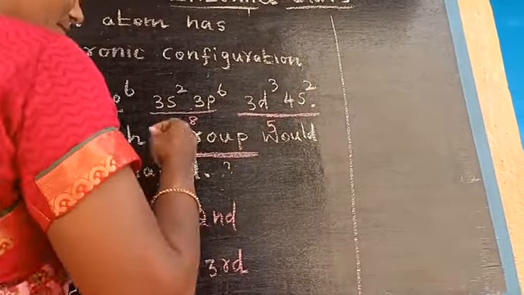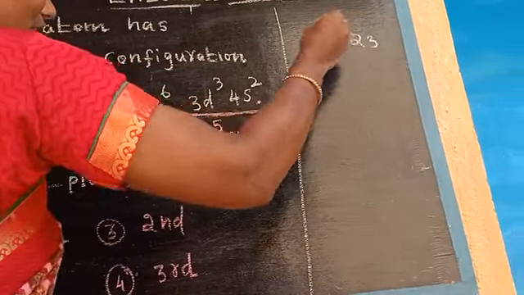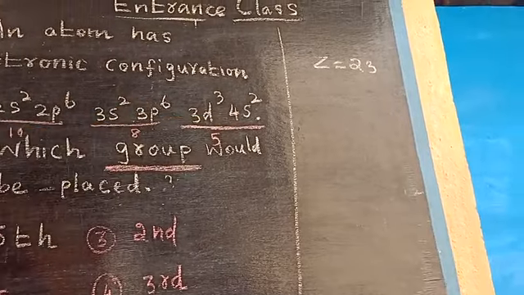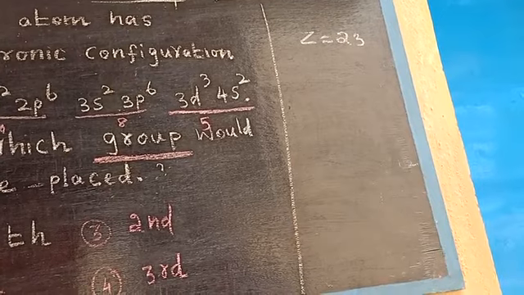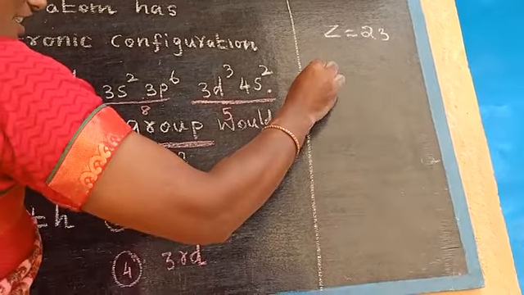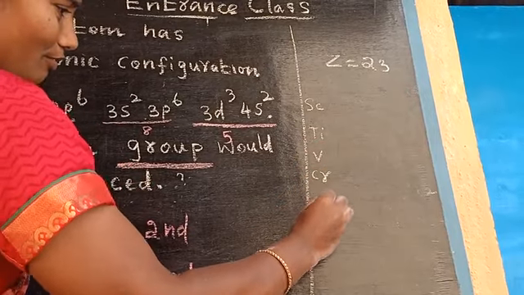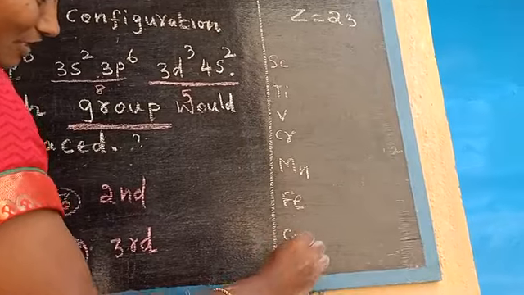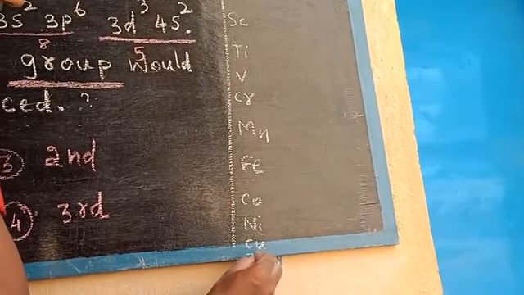So atomic number is equal to 23. Atomic number 23 means what about the element? Now see the series: scandium, titanium, vanadium, chromium, manganese, iron, cobalt, nickel, copper, zinc.